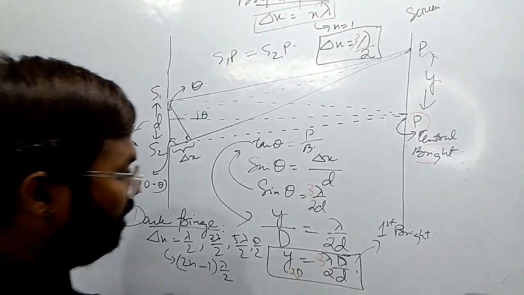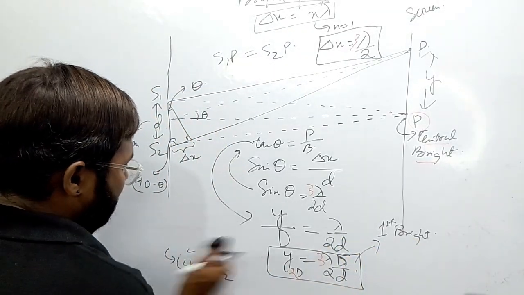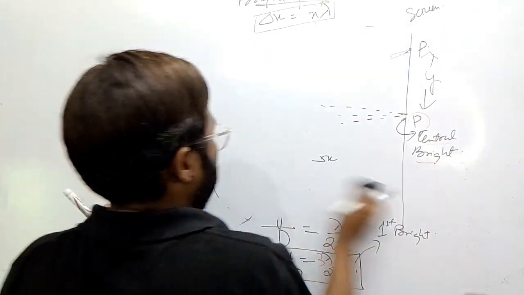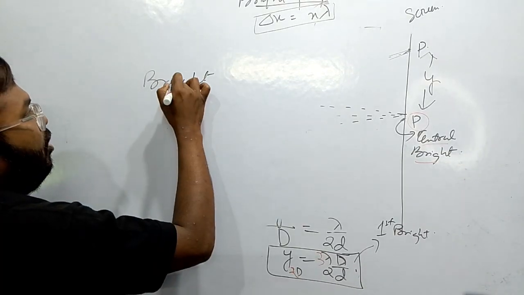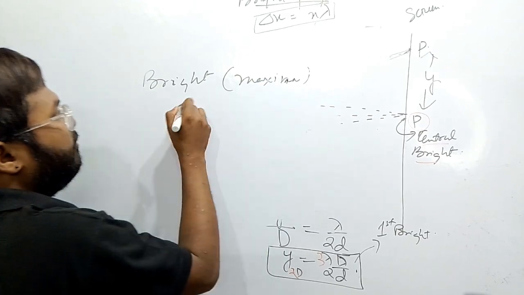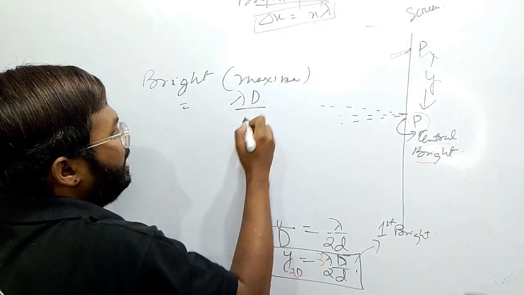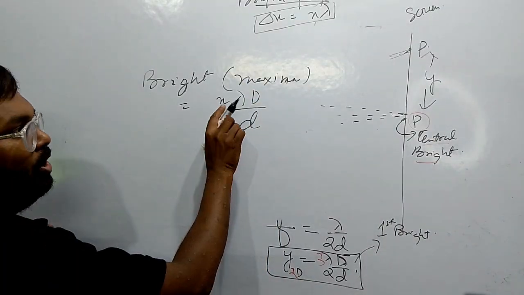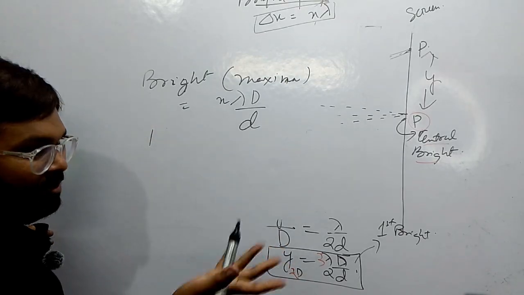Clear? So what is the general formula for dark fringes? Let me clear this. Look, for bright fringe, which is also known as maxima, the general formula will be n lambda D by d. n is 1, 2, 3, 4, anything. It depends upon the first bright, second bright, third bright.